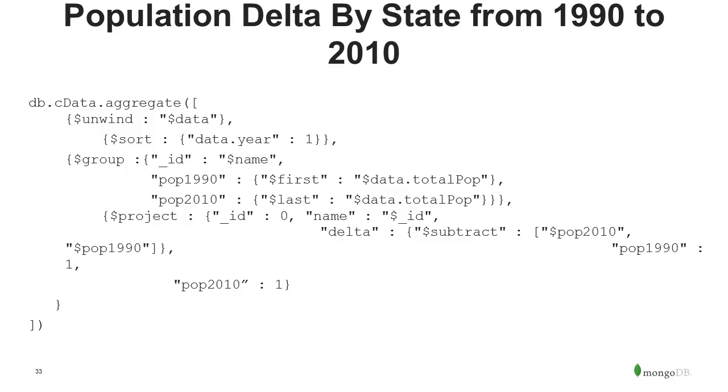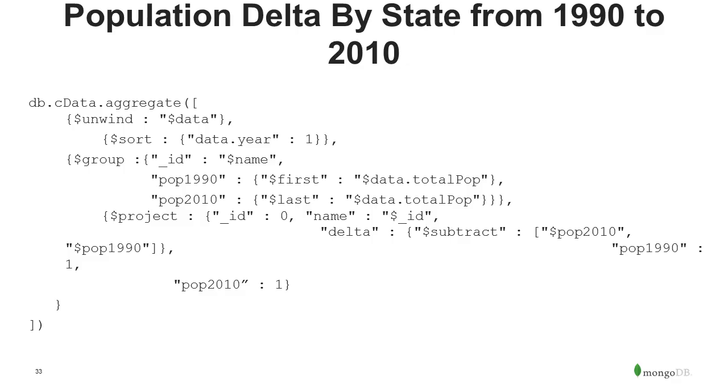And so here I'm saying _id: 0, that says I don't want to project the _id key that comes out of my $group stage. Instead, I want a key called name whose value is the _id from the incoming group.